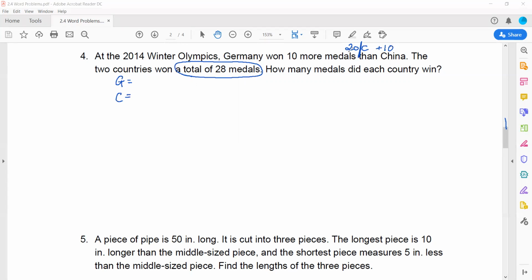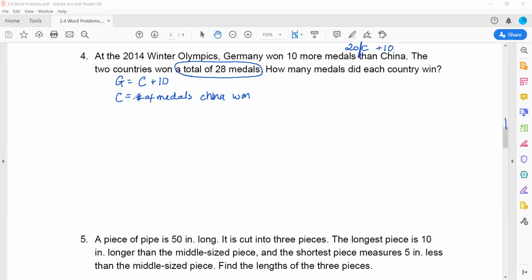So I'm going to say that C is the number of medals China won. And then Germany will write in terms of the amount that China won. So Germany is going to be the number that China won plus 10 more. So here's our variable definition.